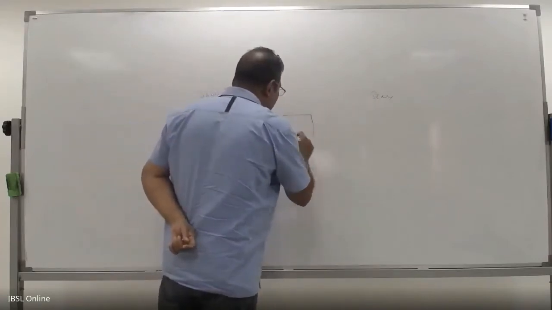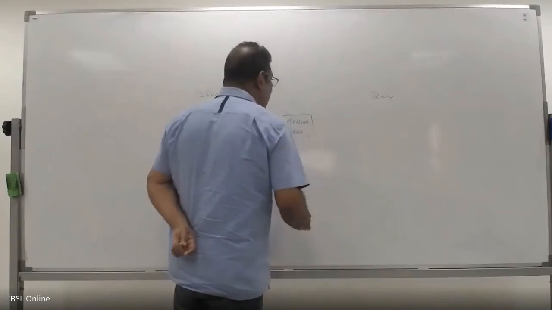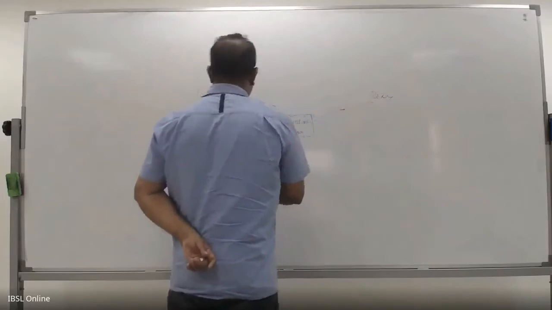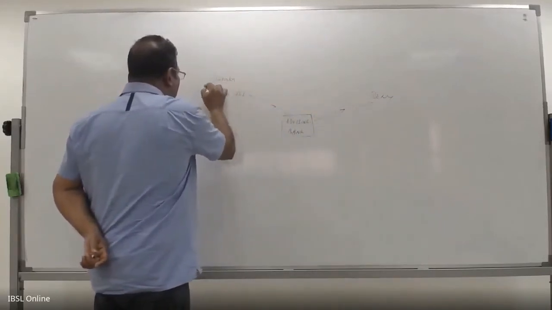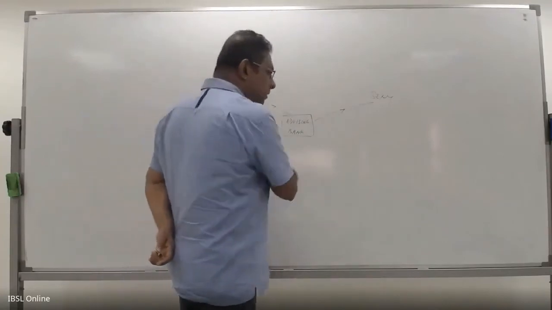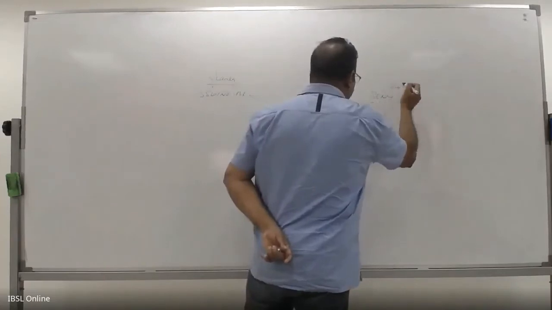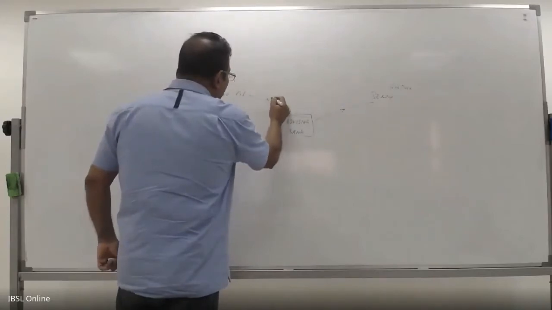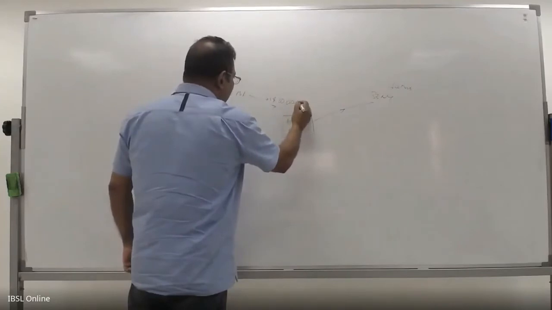We are an advising bank to the beneficiary. So we'll say the issuing bank is in Sri Lanka, the applicant is in Sri Lanka, the beneficiary is in Japan. And the LC is issued in US dollars, say $10,000.